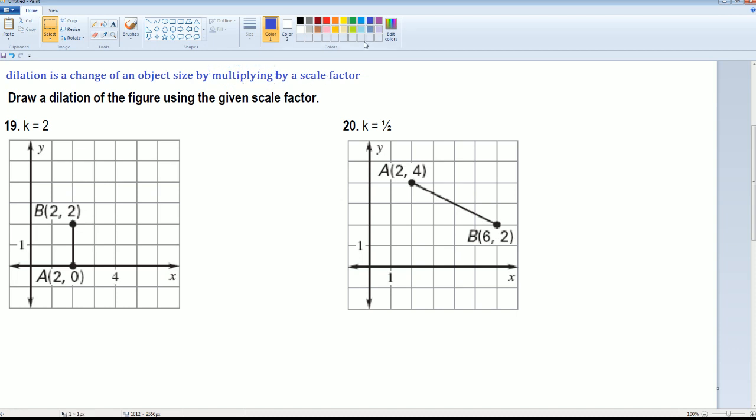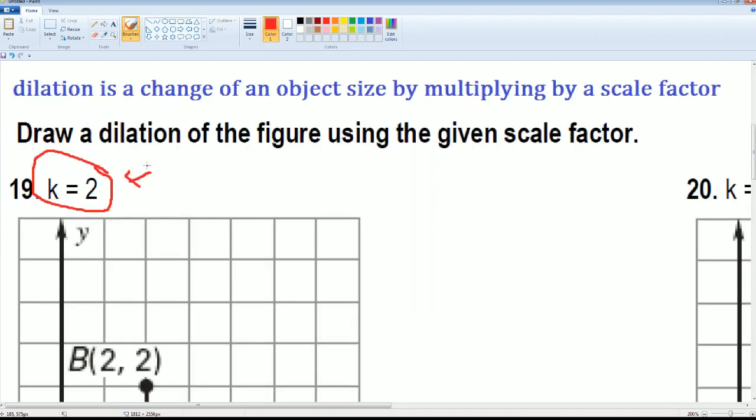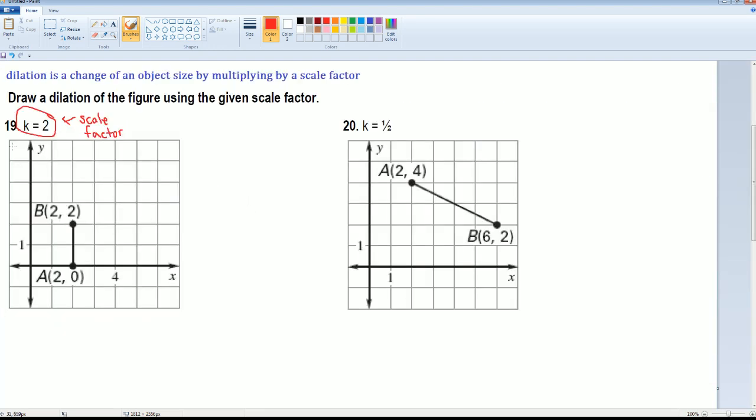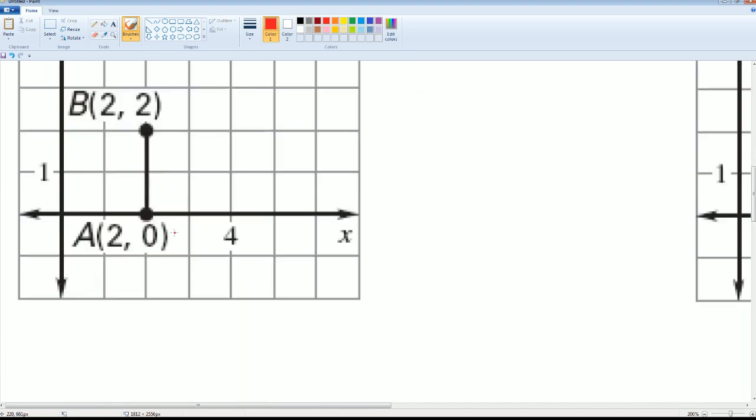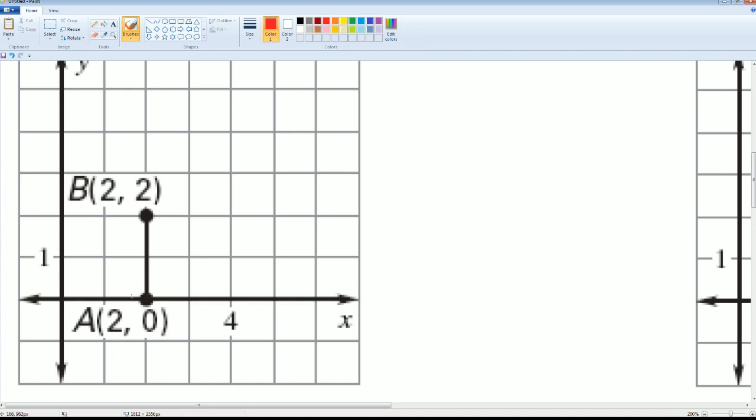So what is the scale factor? This here is called the scale factor. So what can you do to the scale factor? This scale factor is going to multiply to this point and multiply to this point.